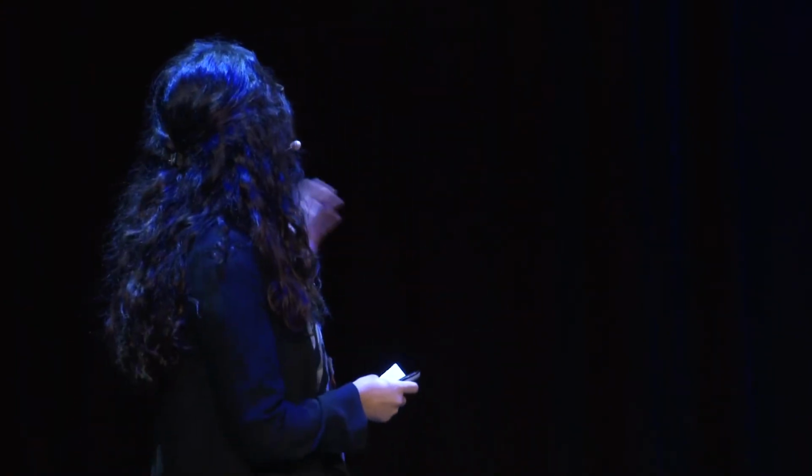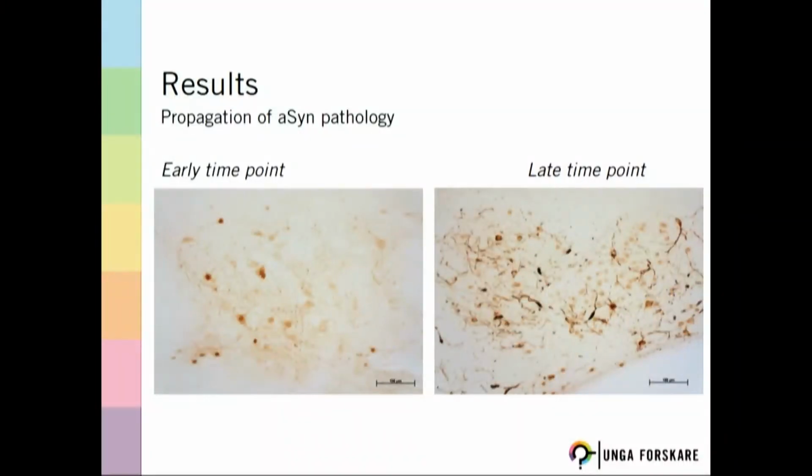Now let's move on to the late time point section on the right. And obviously there are a few things that we can observe. First of all, the distribution of the staining patterns increases with time. On the right picture, it's much more widespread. Secondly, the intensity is significantly increased. This suggests that over time, the amount of accumulated alpha-synuclein in general becomes bigger.